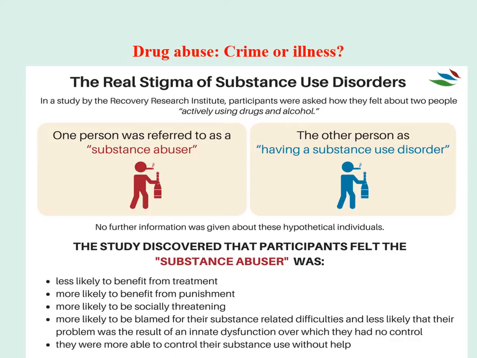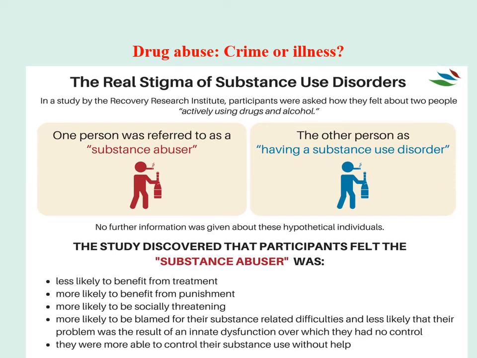This slide illustrates the differences in attributional style depending on whether you attribute drug use as either an internally caused behavior, you are a substance abuser, or an externally caused behavior, you have a substance use disorder. In other words, you are ill.